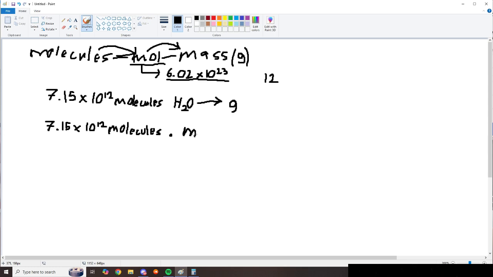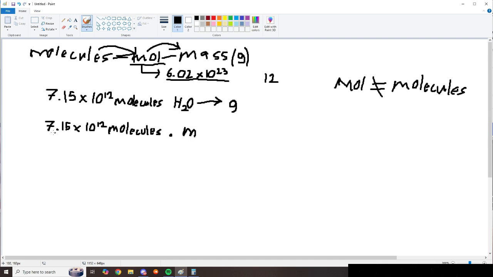And even though they sound similar, moles does not equal molecules. Okay, very important that you guys know that. Moles do not equal molecules.